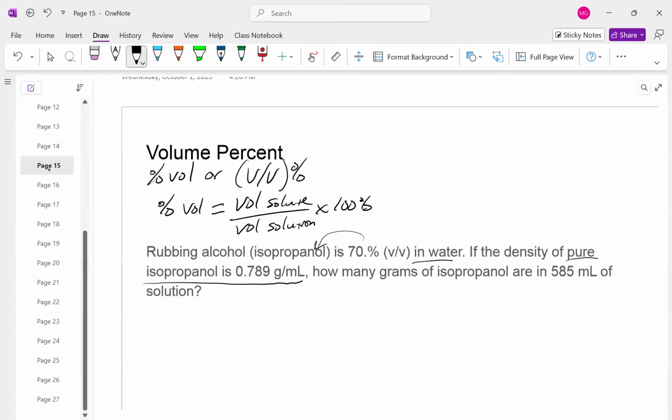Now, the first thing I'm going to do is take this 70% and make it a conversion factor: 70 milliliters, and I'm just going to abbreviate this, isopropanol in 100 milliliters of solution.